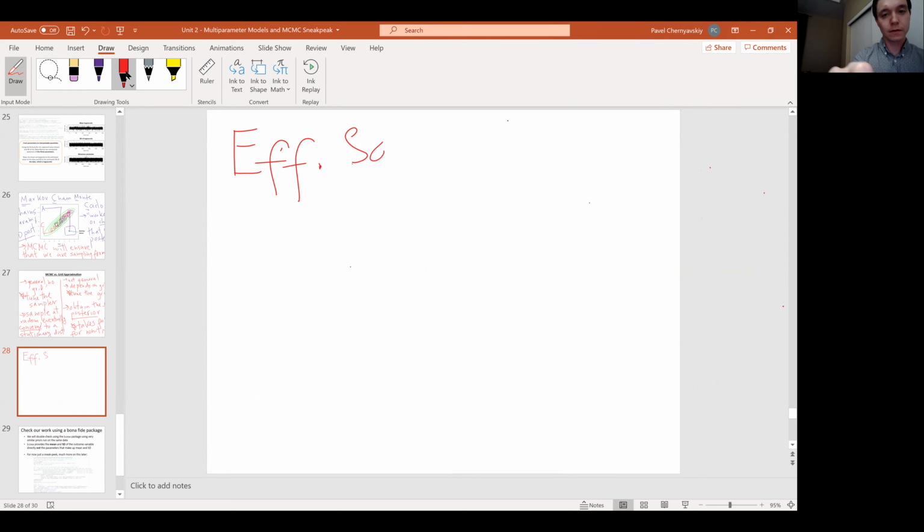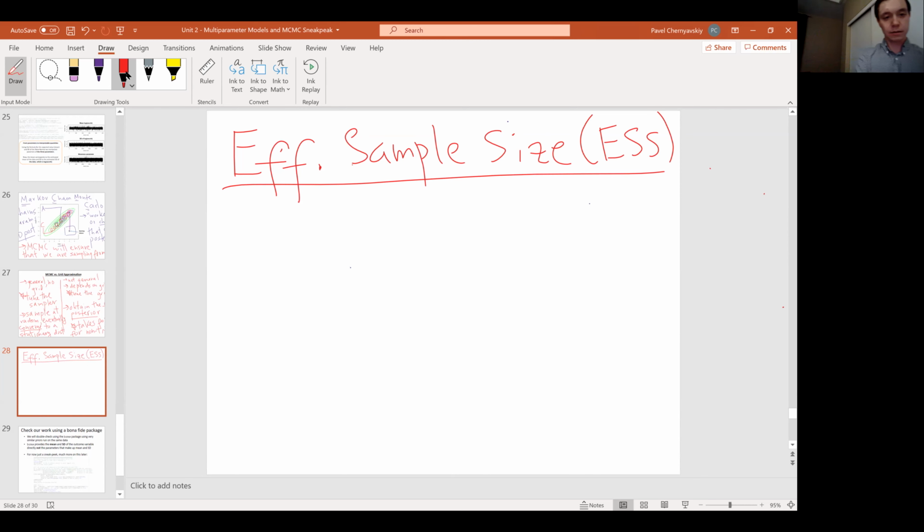Effective sample size, or ESS. The thing is that usually MCMC samples are not uncorrelated.